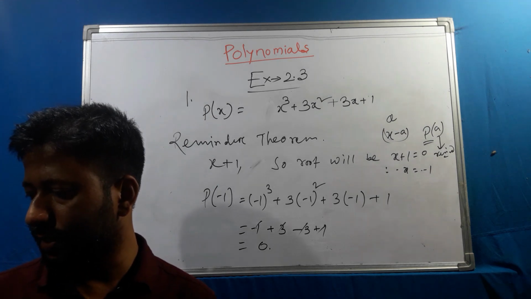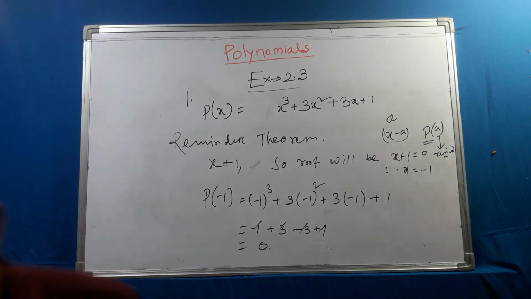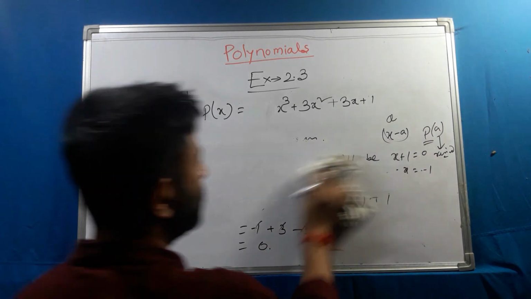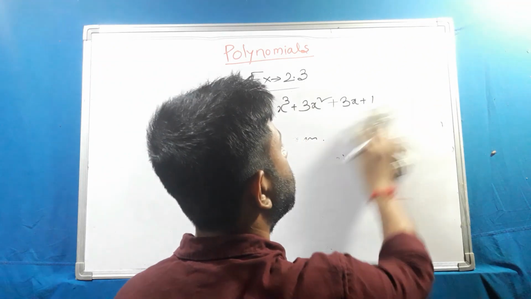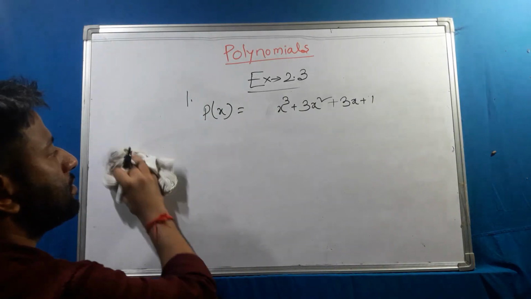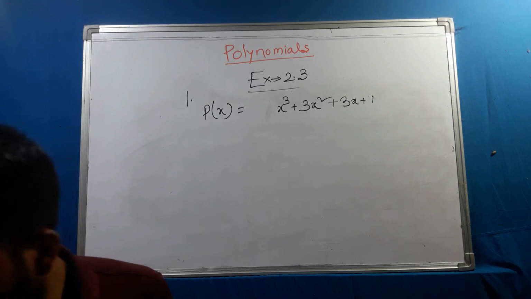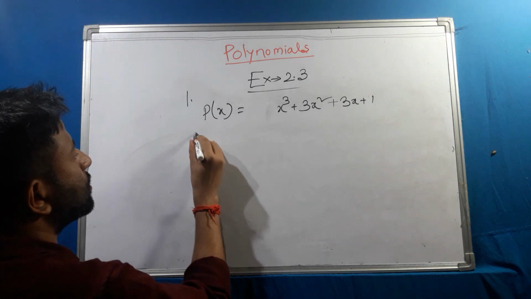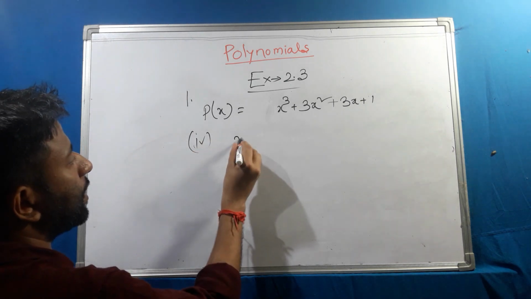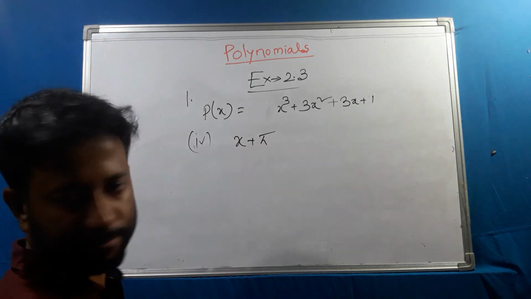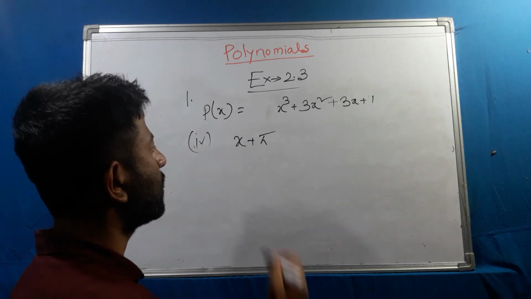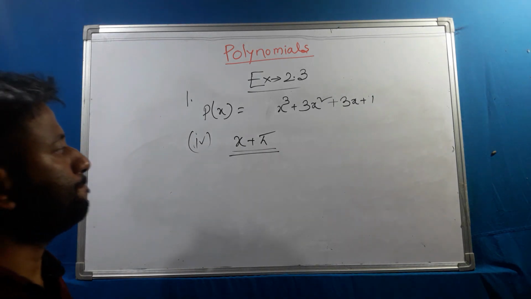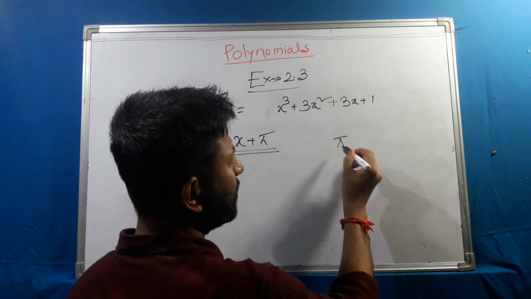Suppose I am doing another question, number 4. The function is the same, but the divisor is x plus pi. If x plus pi is the divisor, then minus pi will be a root.